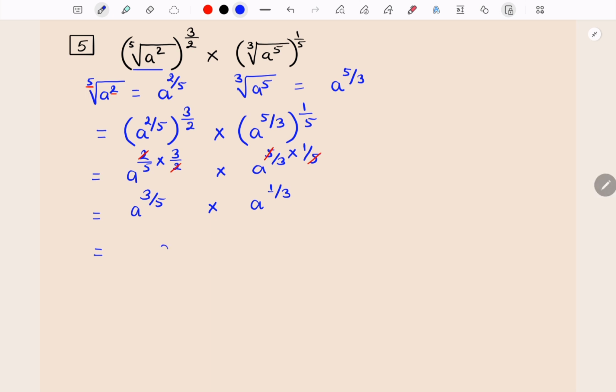So let's keep the base as a and then just add the powers. 3 over 5 plus 1 over 3 is actually 14 over 15. I am assuming that you can add these fractions. So a raised to the power of 14 over 15 will be the final answer.